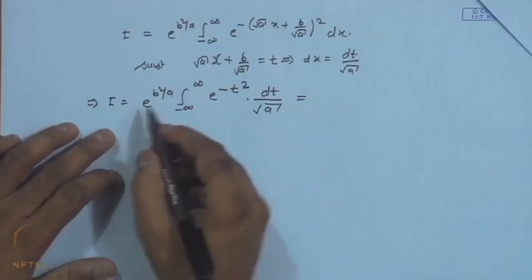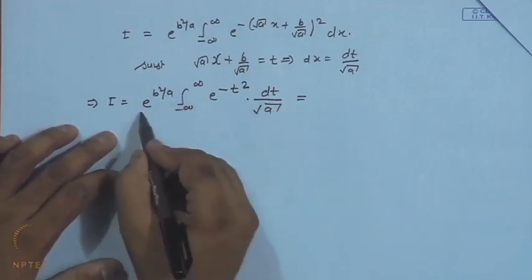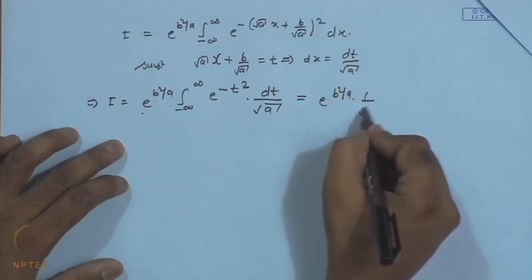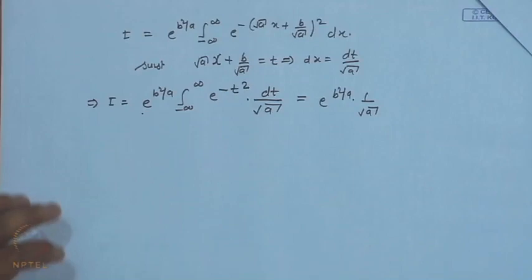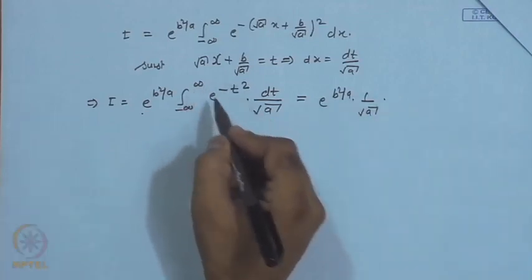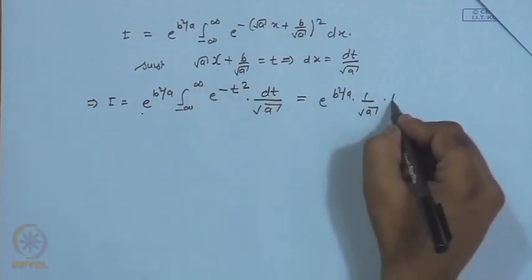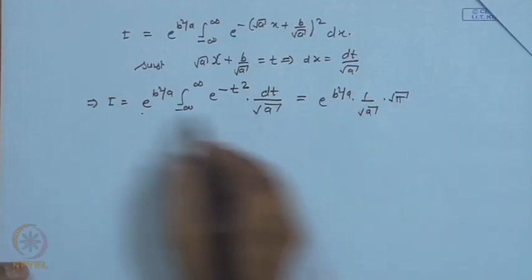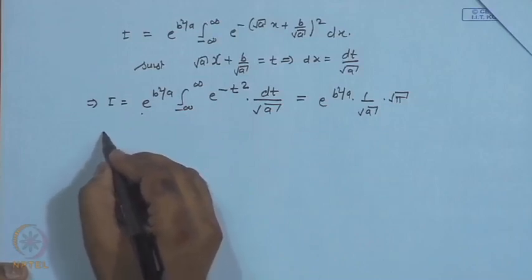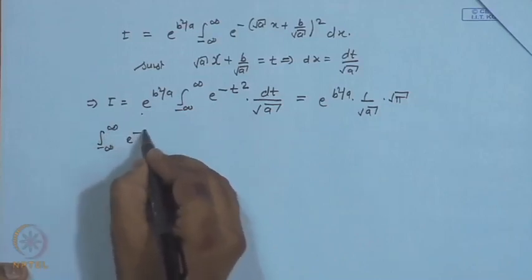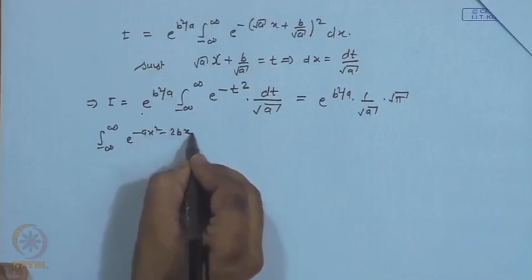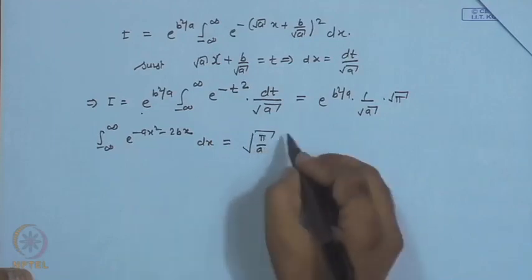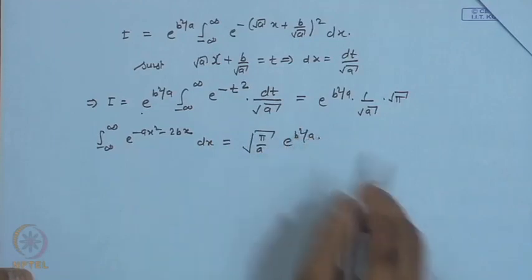So, the square root of a we can take out of this integral, giving e^(b^2/a) times 1 over square root of a, and the integral of e^(-t^2) dt, which is a standard Gaussian integral with value square root of pi. So, we got the integral from minus infinity to plus infinity of e^(-a x^2 - 2 b x) dx equal to square root of pi over a times e^(b^2/a).